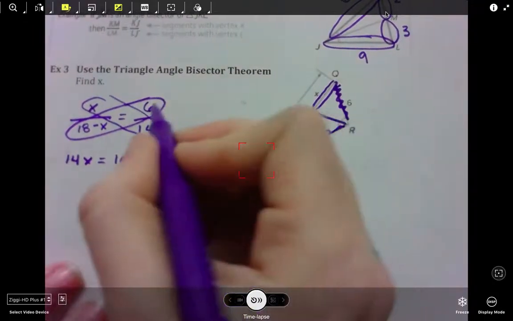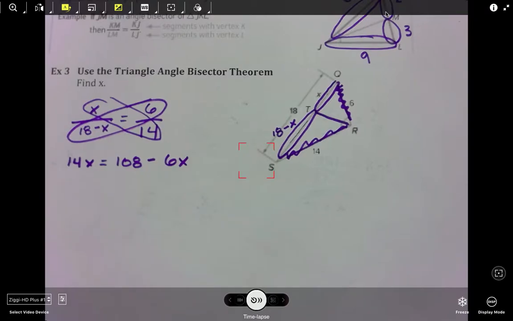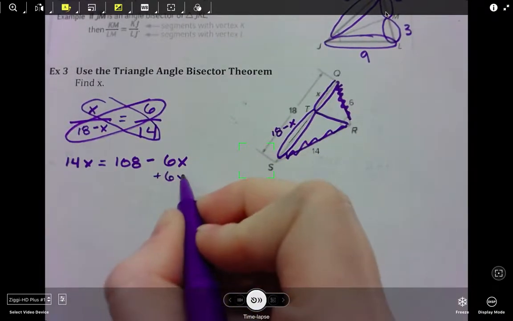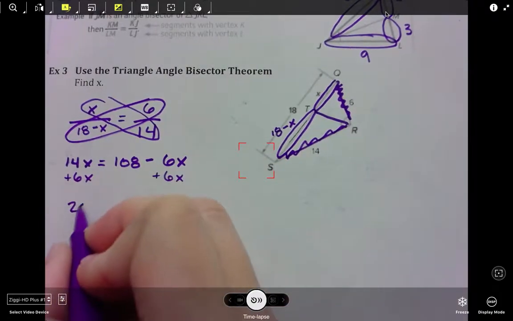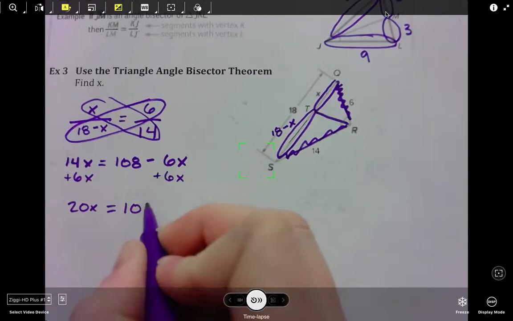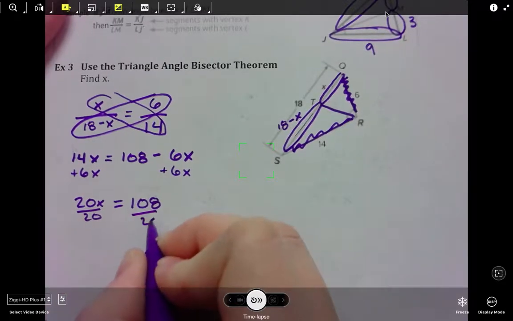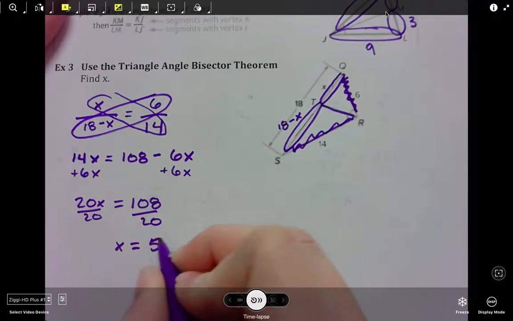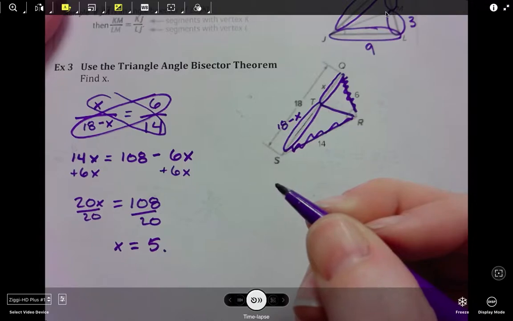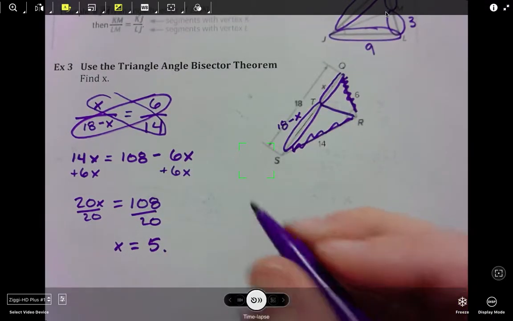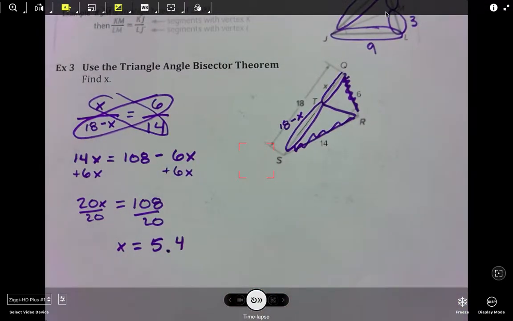Okay, make sure you distribute that for both of the pieces. So 108 minus 6x. And then we add 6x to both sides. So we get 20x over here, and we get 108 here. And if I divide by 20, x is going to be 5.4, I think.